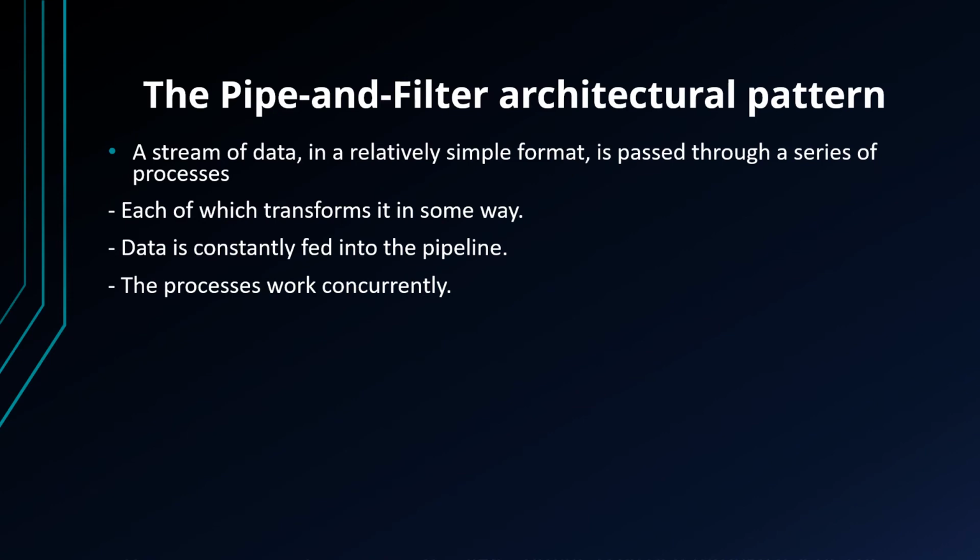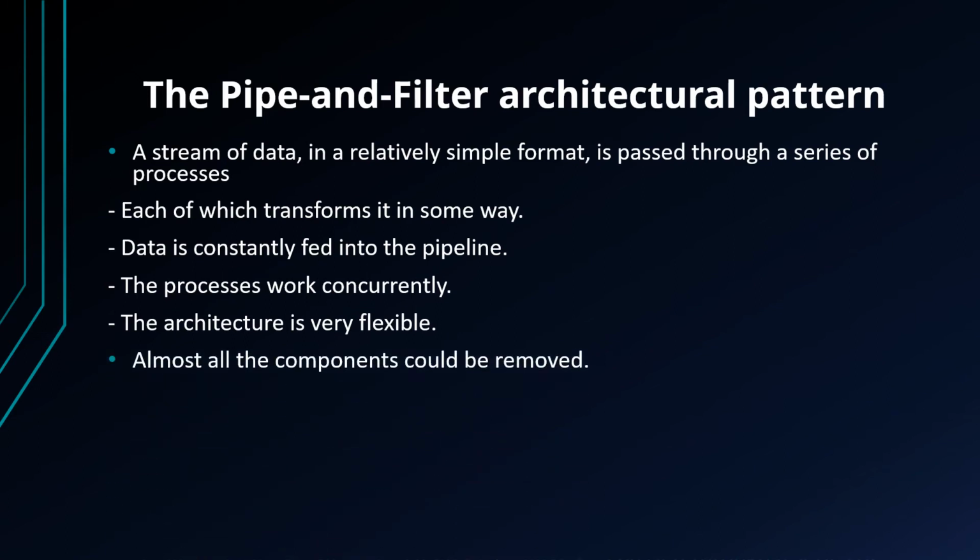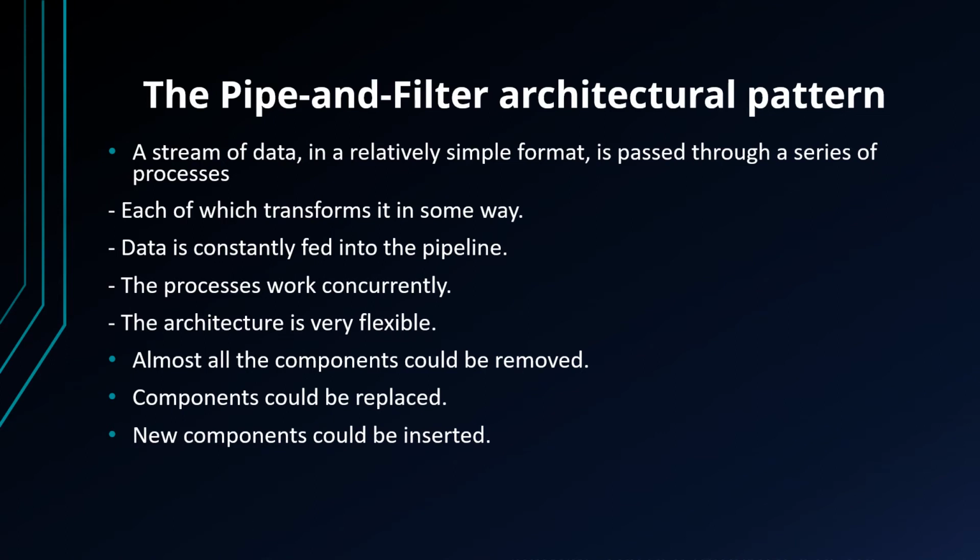The processes work concurrently, and the architecture is very flexible. Almost all the components could be removed. Components could be replaced. New components could be inserted. Certain components could be reordered.